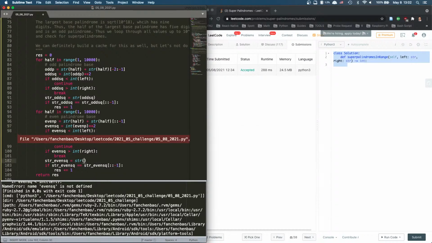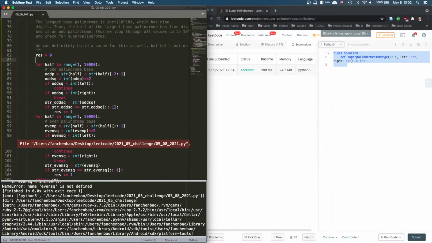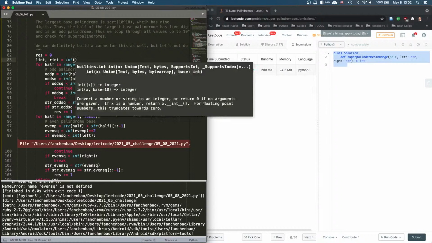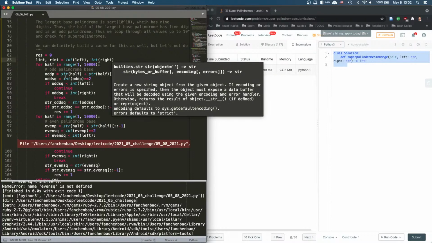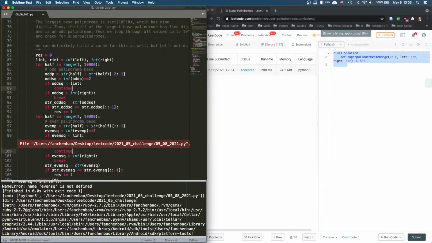And then this is going to be even squared. And we're going to use it many times, so we're going to just call it L int, R int. We like to do that. Int left and int right, so I don't want to call it every single time. So all this is going to be L int, and all this is going to be R int.